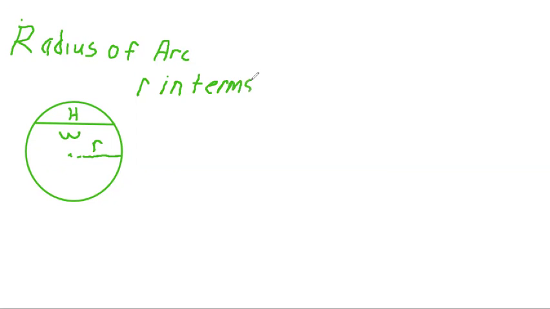Now, mathematically, you just say a function of H and W, but we'll just say in terms of, a little more colloquial here, H and W. The height and the width of that arc, folks. The height and the width, okay? We want to get R in terms of the height of this arc and its width, all right?